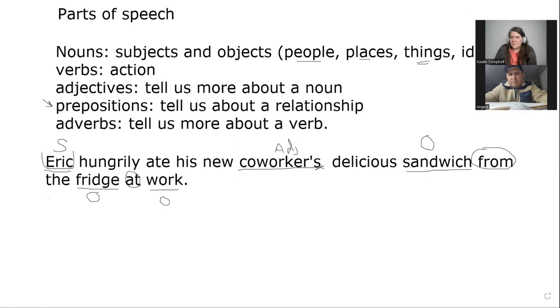Prepositions tell us about a relationship. This tells us the relationship of the sandwich and the fridge, and it tells us the relationship of the location, the at.